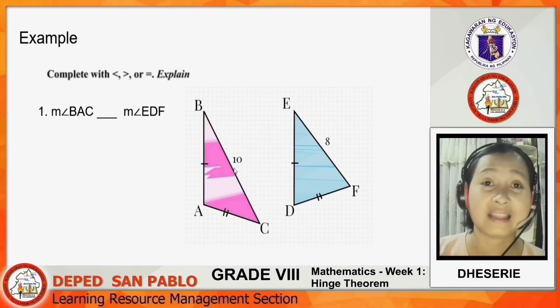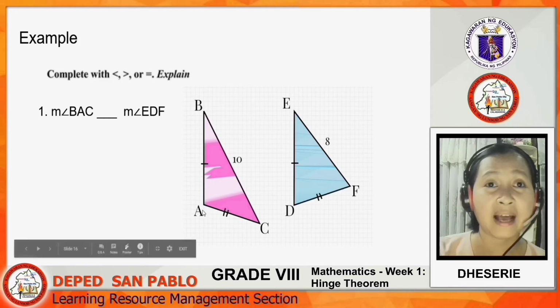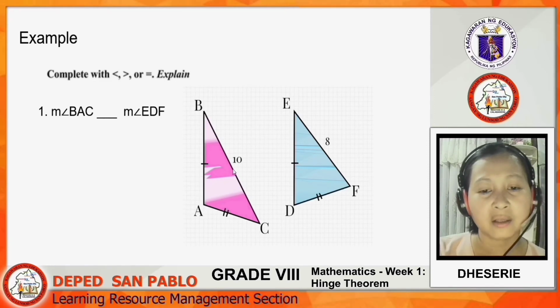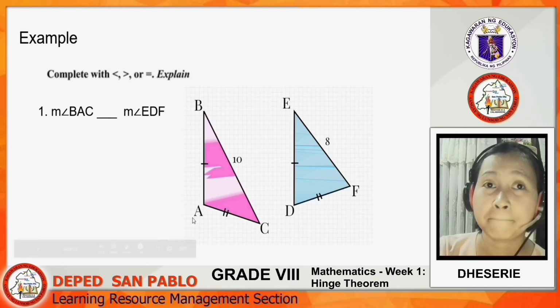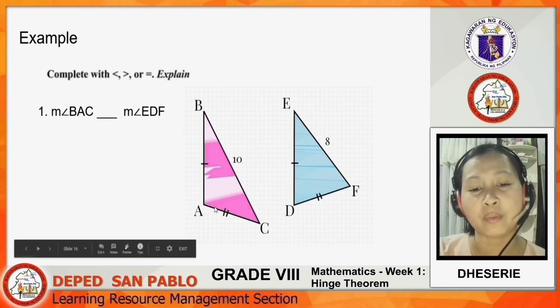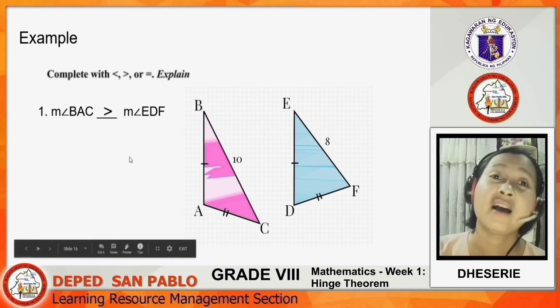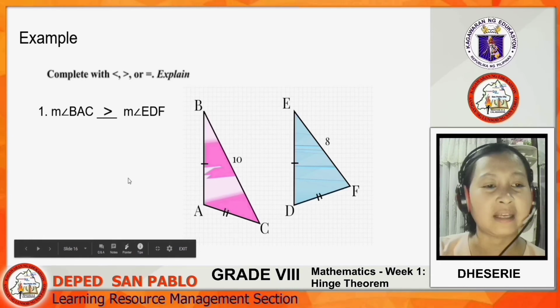Of course, the 10. If you have the 10 here, with regards to the converse Hinge Theorem, the angle opposite that side measures greater. So meaning angle BAC is greater than angle DEF. We're going to use greater than.